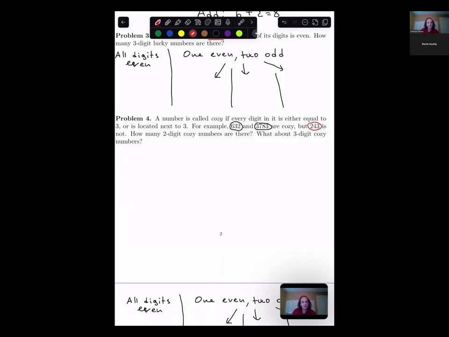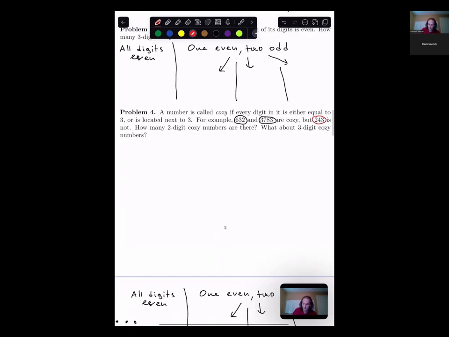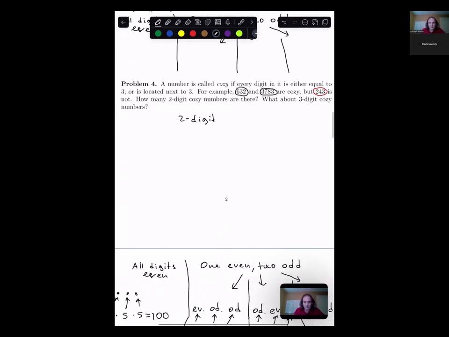We start with counting the two-digit cozy numbers. Again, we want to do some kind of casework. So we need to look at different options. What are the options that we should probably count separately?